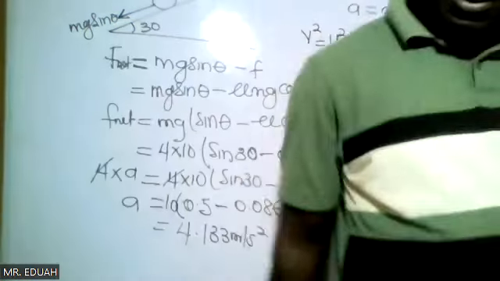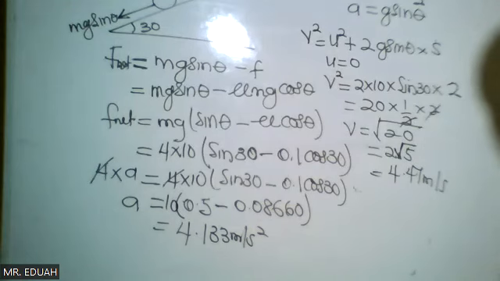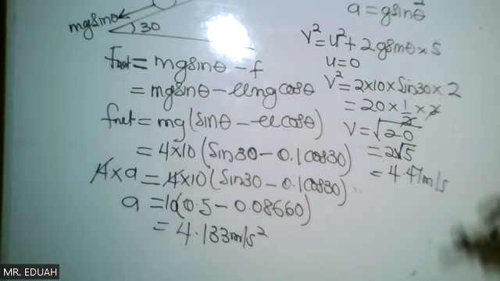Sir, why are we adding the u to the g sin theta? Why are we not using the u sin theta squared? Which one? V squared is equal to u squared plus this one, and you are saying we have to use what?